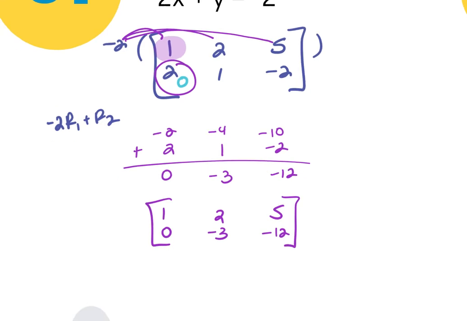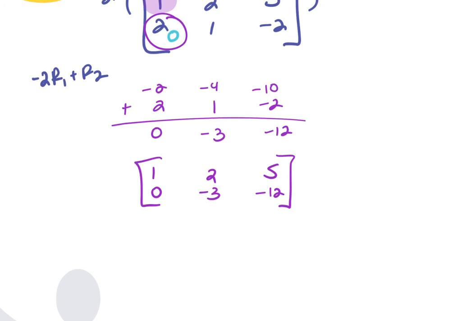Okay, so now I want to get a 0 or a 1 here and a 0 here, okay? And the order there doesn't really matter. If it was easy to get this 0 by changing one row and adding it, maybe I would do that. But in this scenario, I'd have to multiply the top by 3 and the bottom by 2 to get them to cancel.